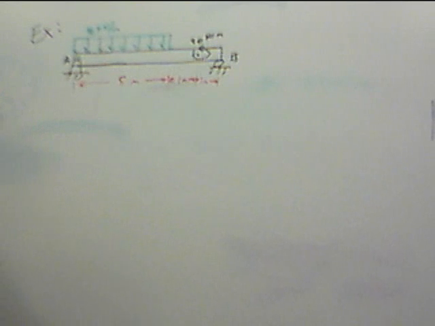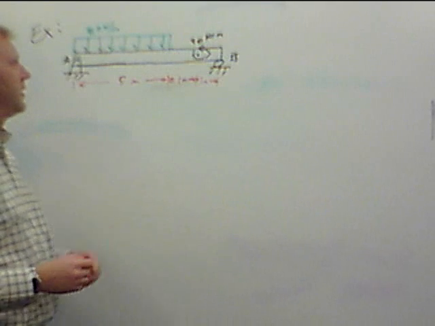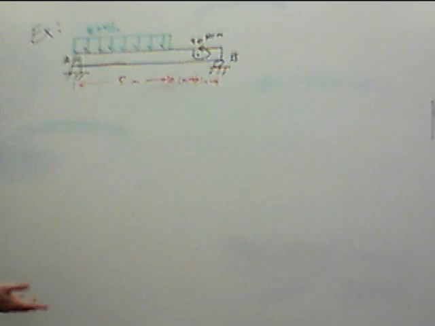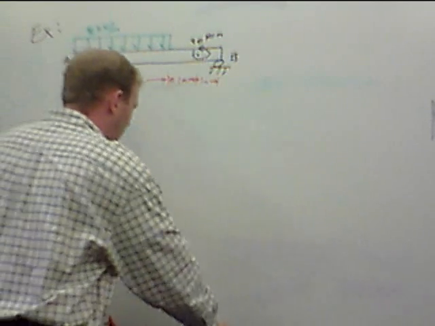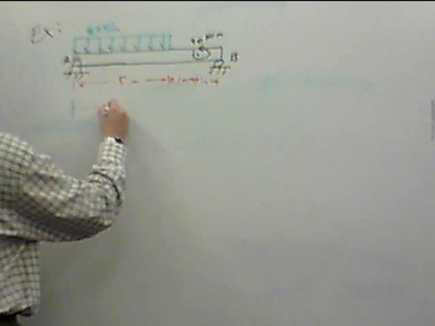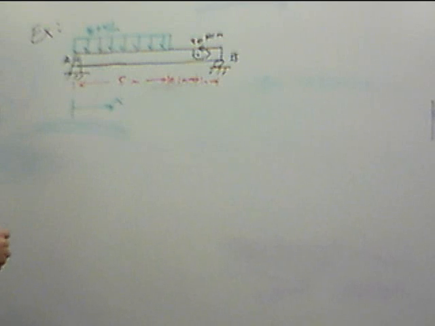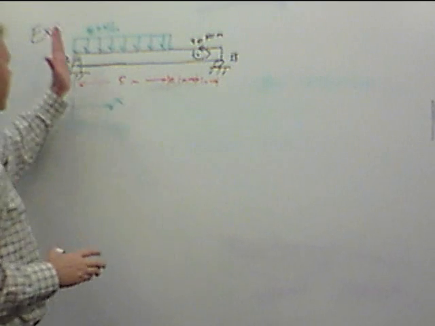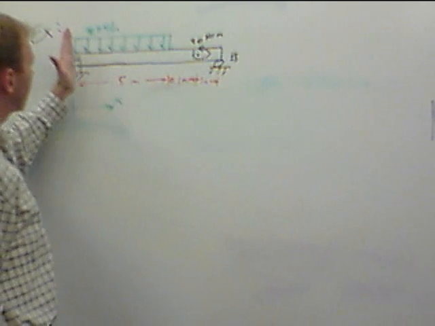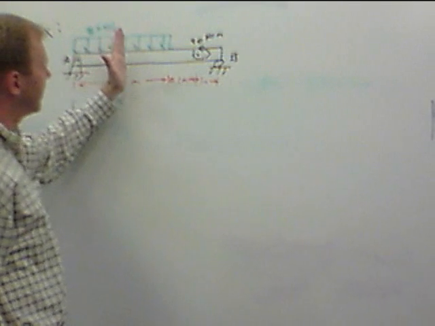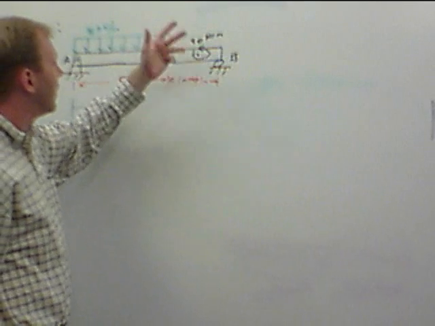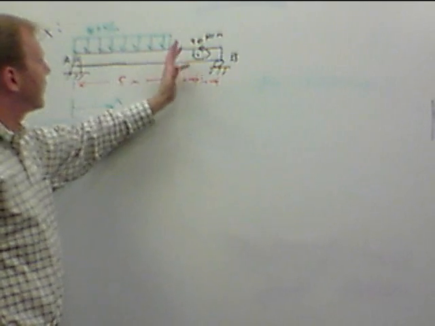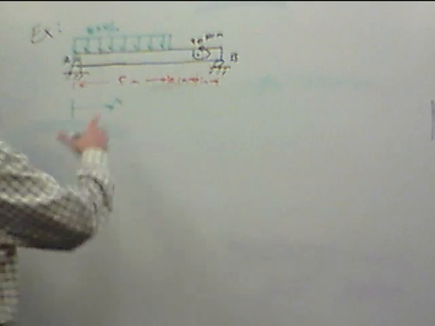So with this type of problem, we need to, again, split it into pieces based on what our diagram is going to look like, where we're going to cut this thing as we move down our x direction here. Okay, so as we start at this left edge, we're going to keep moving this way. Nothing changes, nothing changes, nothing changes, till we get to the end of the distributed load. At that point, the distributed load goes away, and we're left with the rest of the beam.